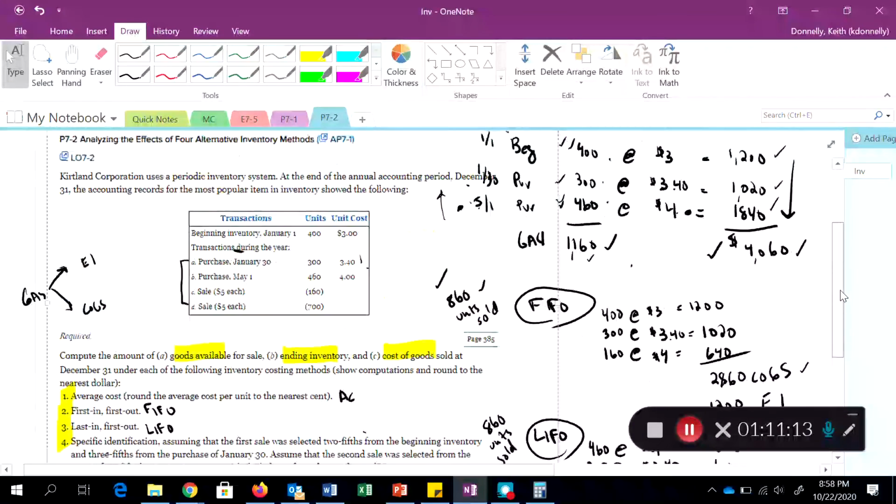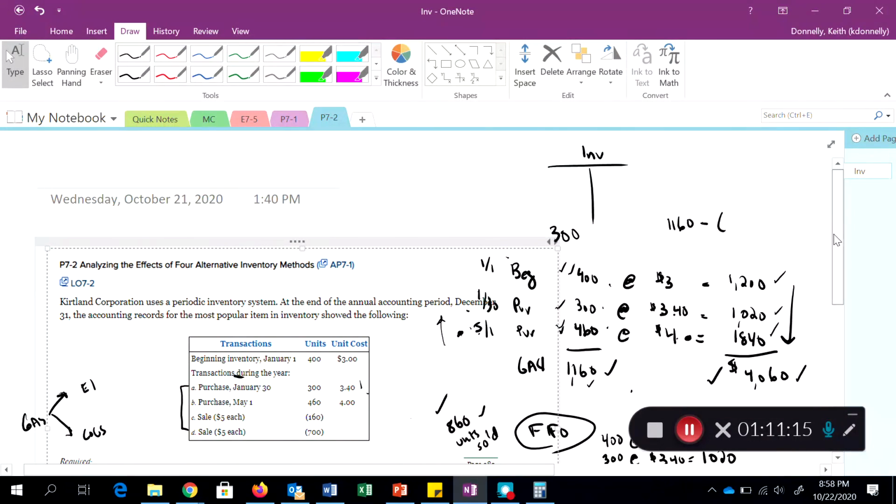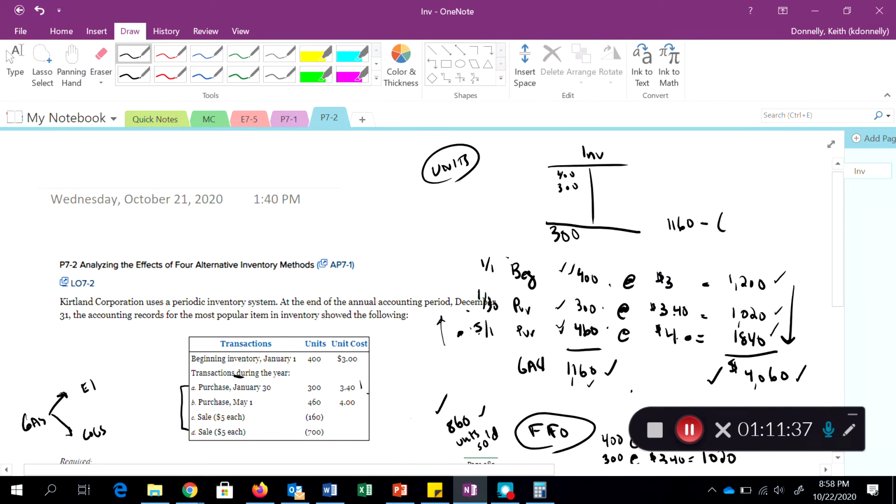One thing I want to backtrack on, we didn't look at this specifically, but if you couldn't figure it out, it's not that hard. I just wanted to show you guys. Remember we always said step one was the units. So we started with 400, then bought 300, then bought 460.